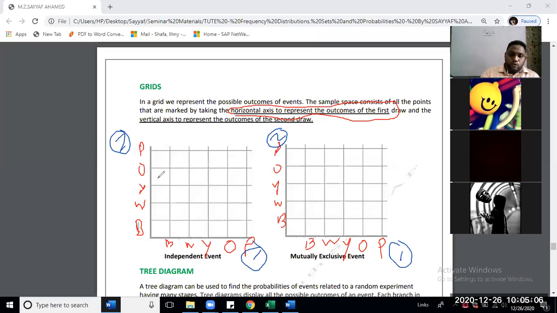So when you are marking it on the grid, you need to mark every single possible outcome, with dots or small crosses. All 25, 5 into 5, must be marked when you are having an independent event.